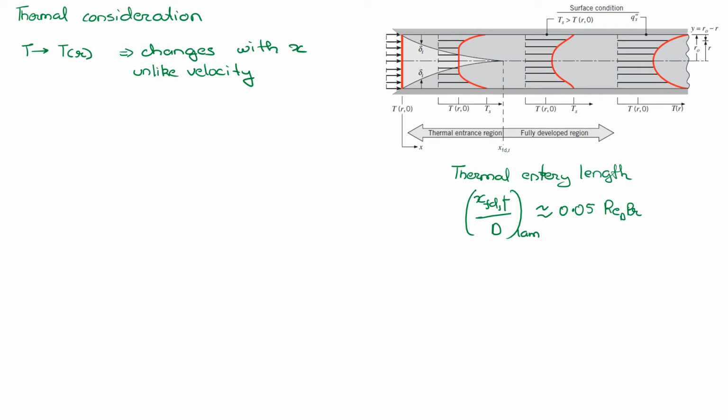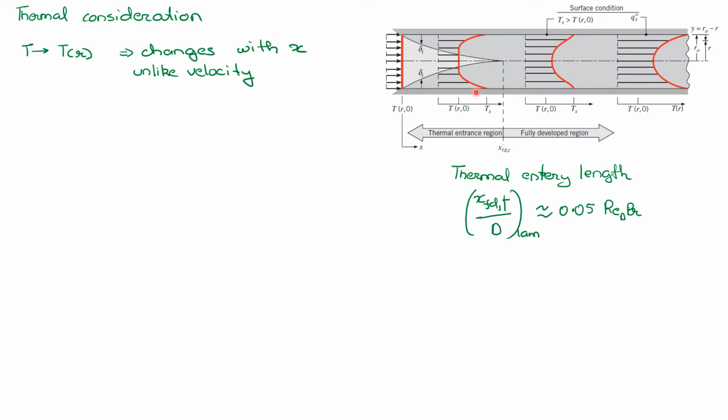So similarly, we can look at a thermal boundary layer as well. We've seen in chapters 7 and 9 that whenever we have a temperature difference, even for natural convection or forced convection, there will be a thermal boundary layer created.